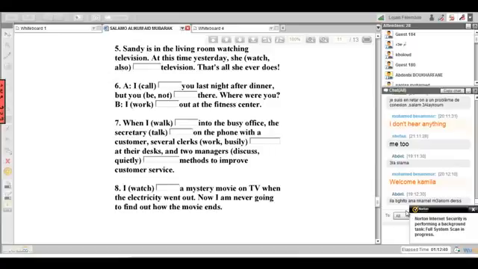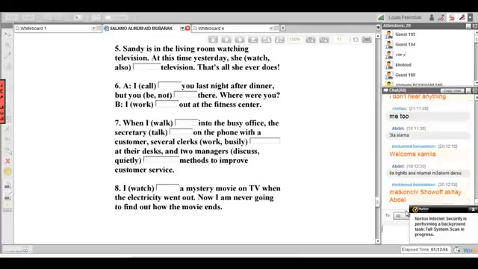Mohammed bin Omar, I don't understand. What is the problem? What is not clear for you? Yes, they were quietly discussing, or were discussing quietly. Both are accepted.